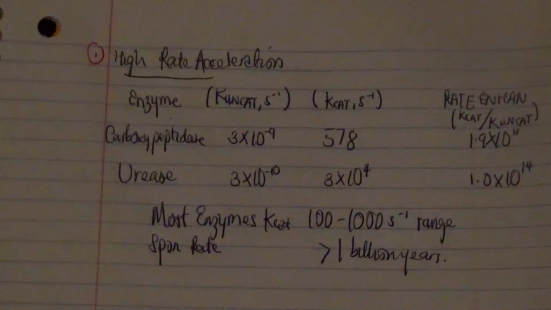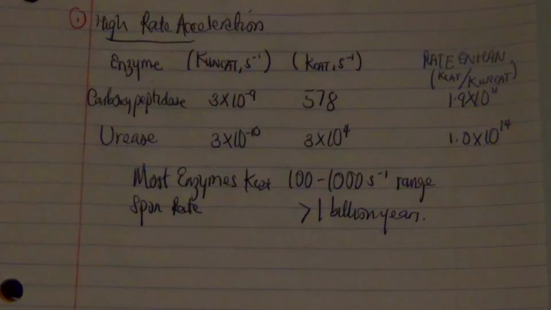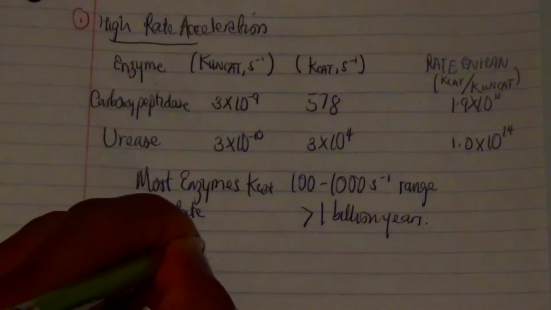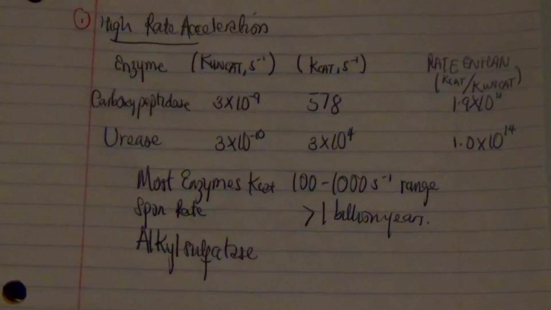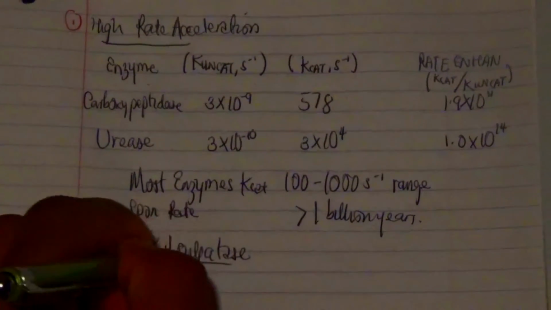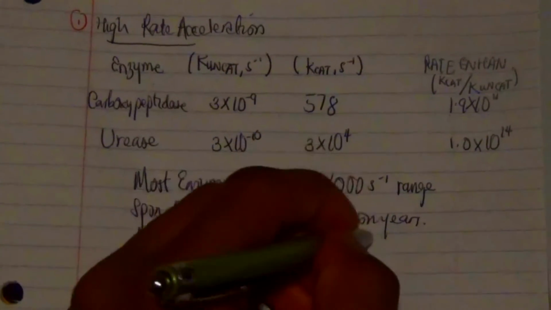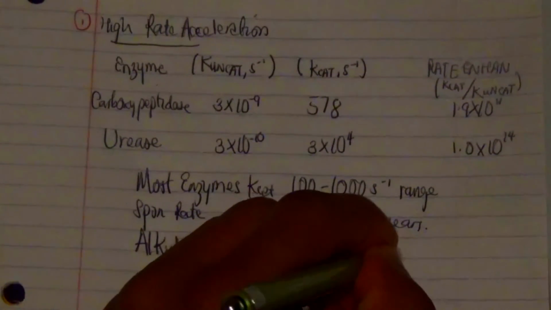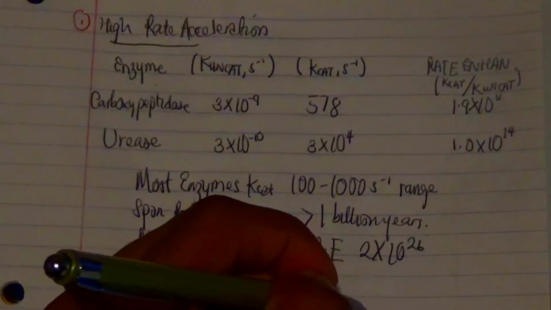Now, another thing you need to note is that the rate of acceleration by enzymes has revealed that the fastest enzyme possible is sulfatase, and it's quite impressive how this enzyme has the highest rate efficiency, which is about 2 times 10 raised to the power of 26, pretty much close to Avogadro's constant, or even more.